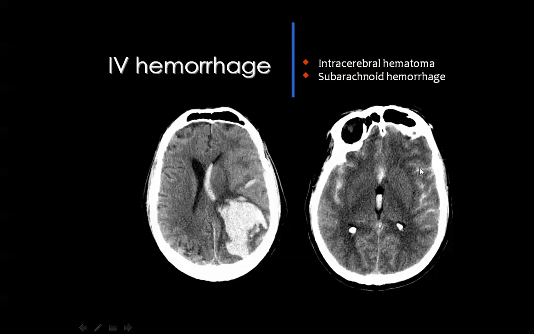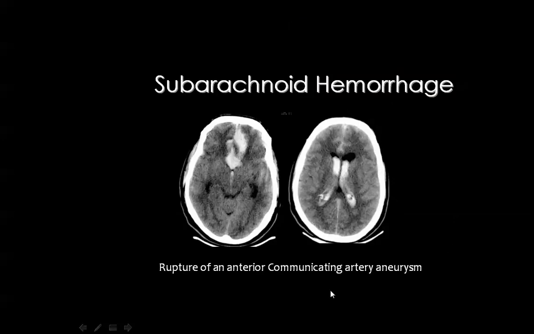Then here you can see the subarachnoid hemorrhage in the cortical sulci and sylvian fissure, and you can also identify hemorrhage within the third ventricle. These are the main two causes for intraventricular bleeding: intracerebral hematoma ruptured inside the ventricle, and a subarachnoid hemorrhage with backflow into the ventricular system.